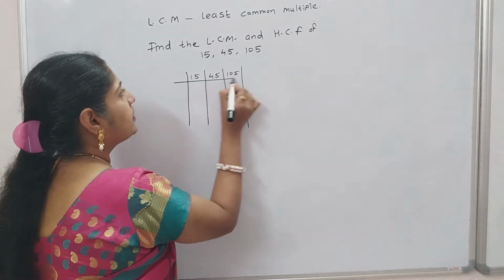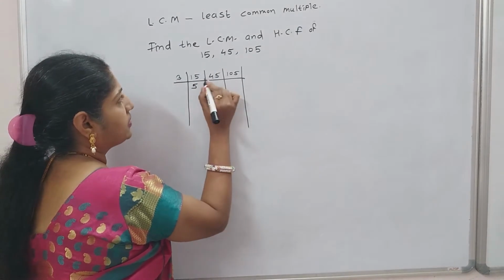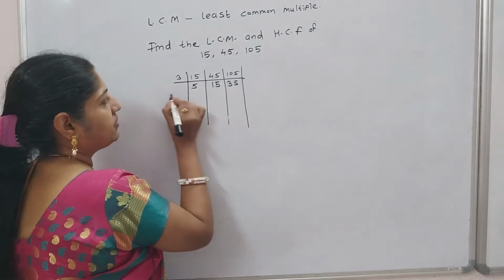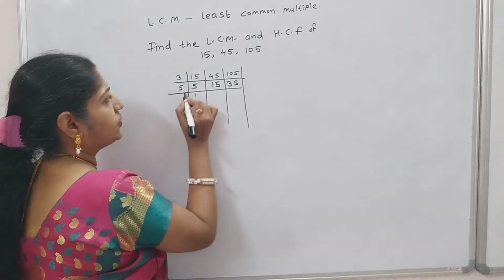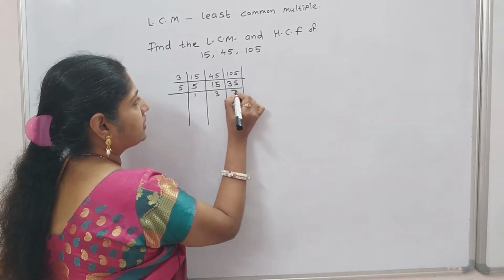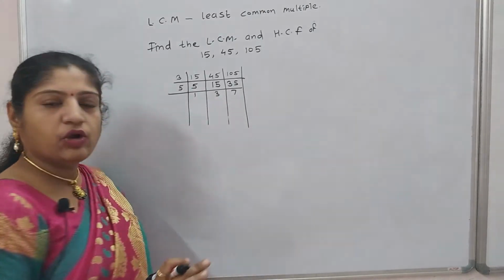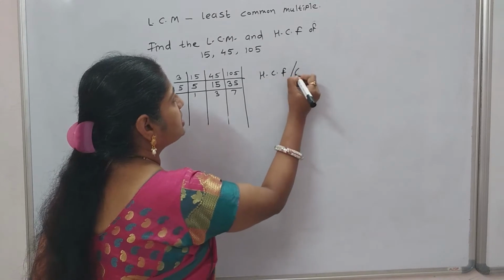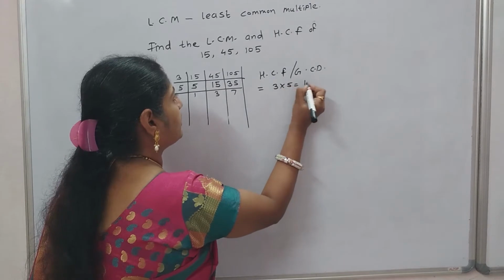These all three numbers are divisible by 3: 3 fives are 15, 3 threes are 9... Now all these numbers are divisible by 5: 5 ones are 5, 5 threes are 15 and 5 sevens are 35. Now 3 and 7 have no common factor. So first of all, the GCF or GCD equals the common factors, that is 3 into 5, 15.